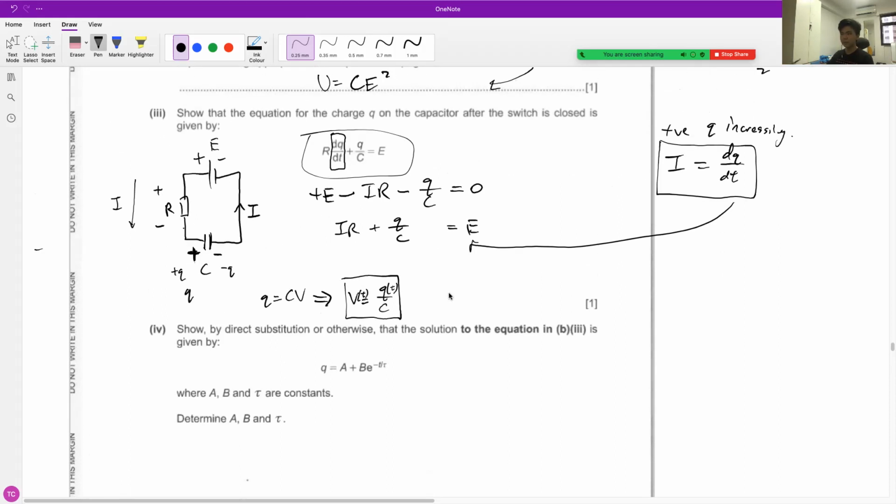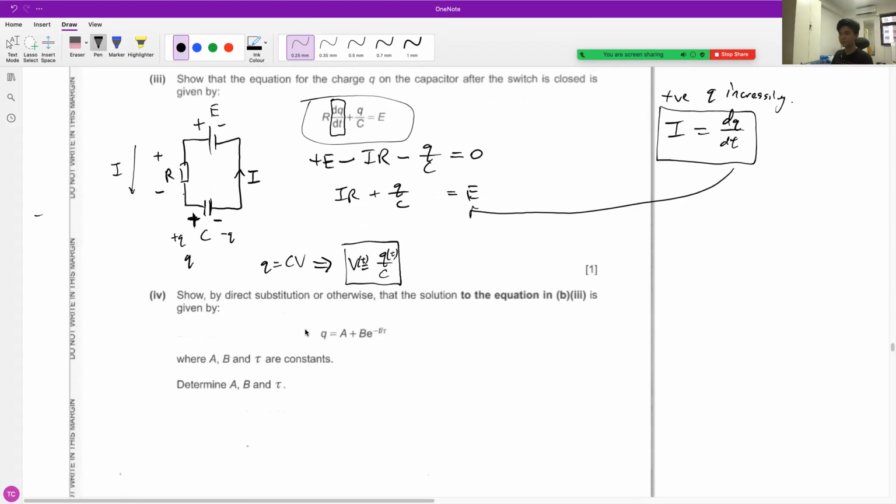Show by direct substitution or otherwise that the solution to this is given by this. Since they told us to do direct substitution, that is the simplest method. So we substitute this into the differential equation. We get R times dq/dt. Let's compute that.